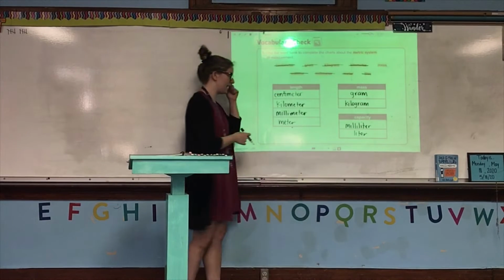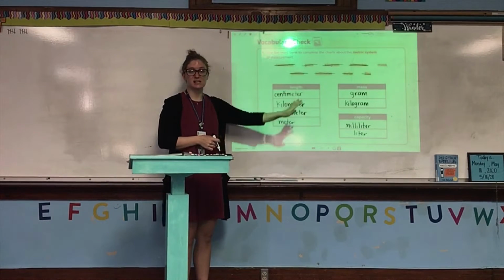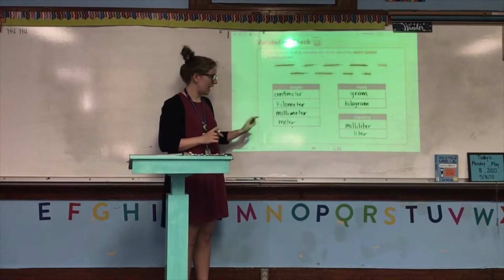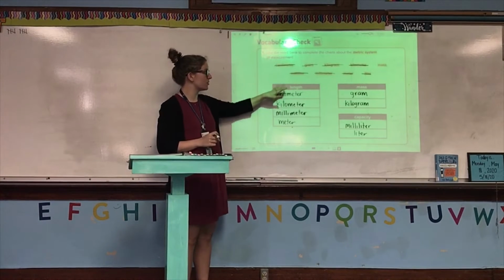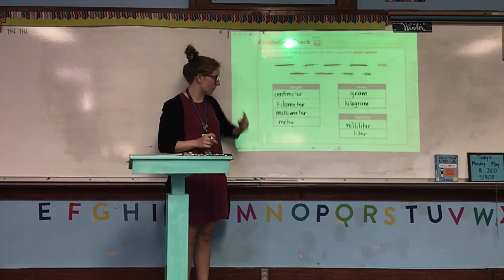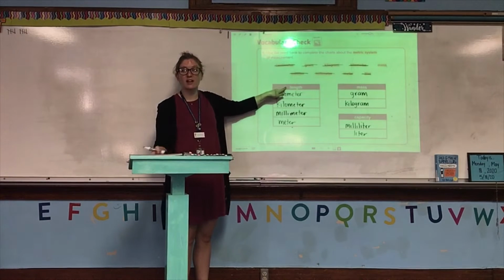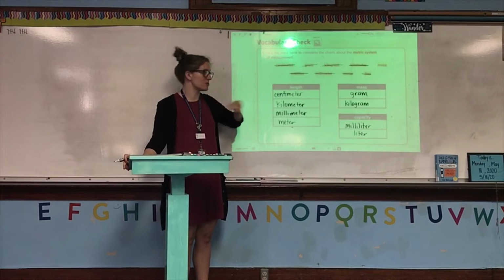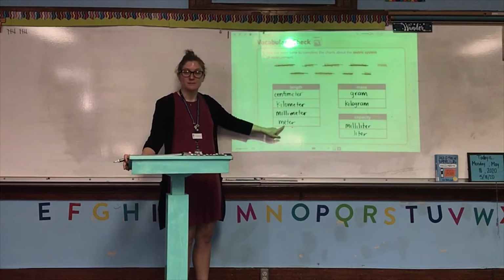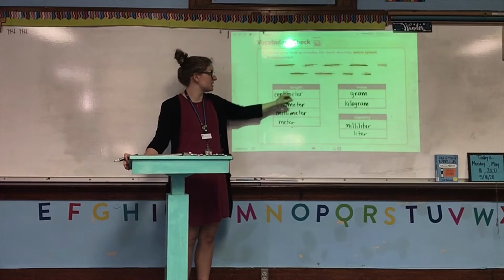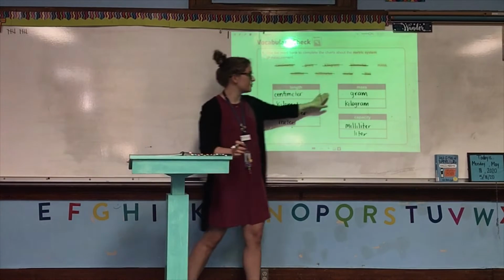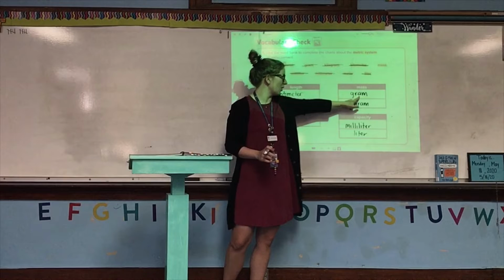I'm going to give you a little hint. Each of these types of measurement has a base word that if you see that base word, you know it goes with either length, mass, or capacity. The base word that you're looking for to see if you are measuring length is the word meter. We have meter, millimeter, kilometer, and centimeter. The base word you're looking for with mass is the word gram.